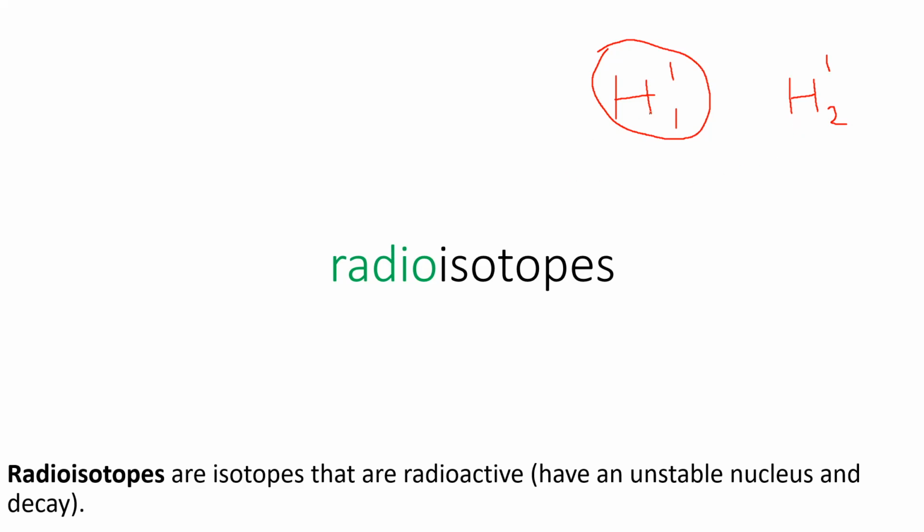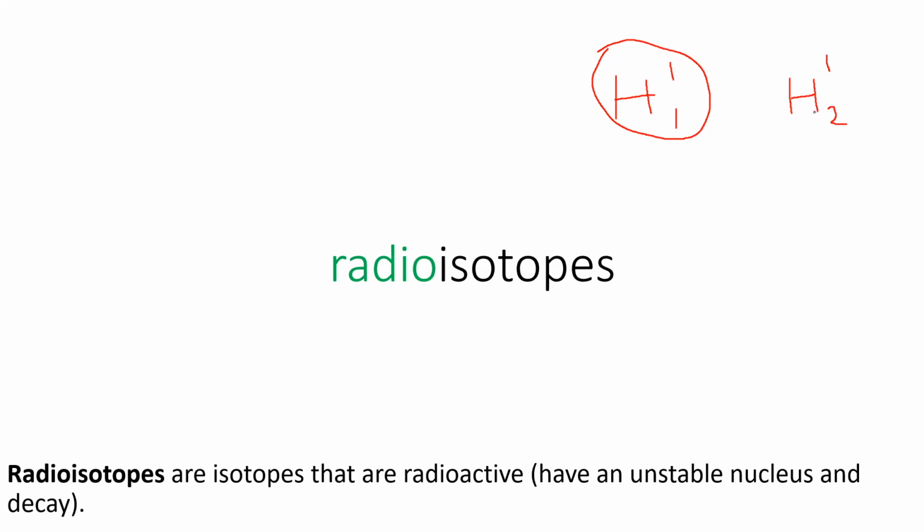Now, it's kind of a hard concept to understand isotopes in general, so I just want to make sure you get it. So I'm just going to go through it one more time. An isotope is when we have an element, or an atom, that has the same number of protons, the same atomic number, but a different number of neutrons.